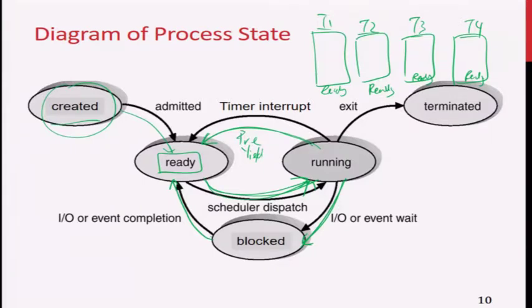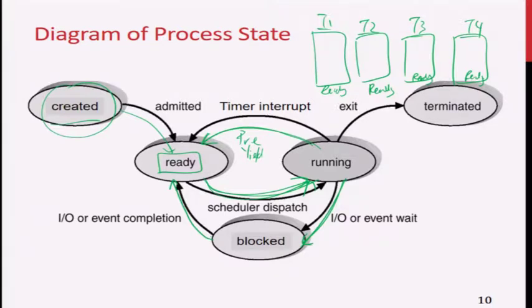Generally, when you talk about OS-based systems, the task that is selected to run will most probably be the one with the highest priority. Each of these tasks will have a priority. The task that has the highest priority will be selected to run.